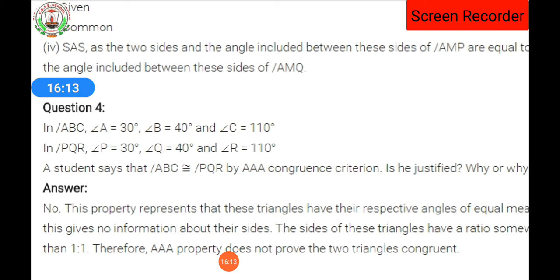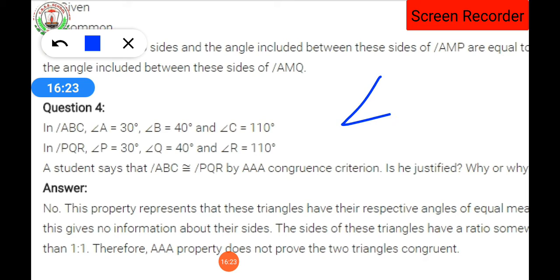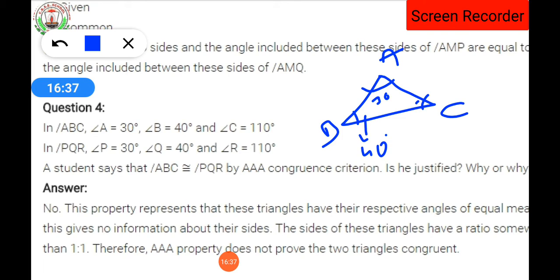Moving toward the next question, number 4. Here in question number 4 it is said that triangle ABC is given. Let's draw the figure so that you can understand more easily. A triangle ABC is given, isn't it? And in that, angle A is marked as 30 degrees, angle B is marked as 40 degrees, angle C is marked as 110 degrees.